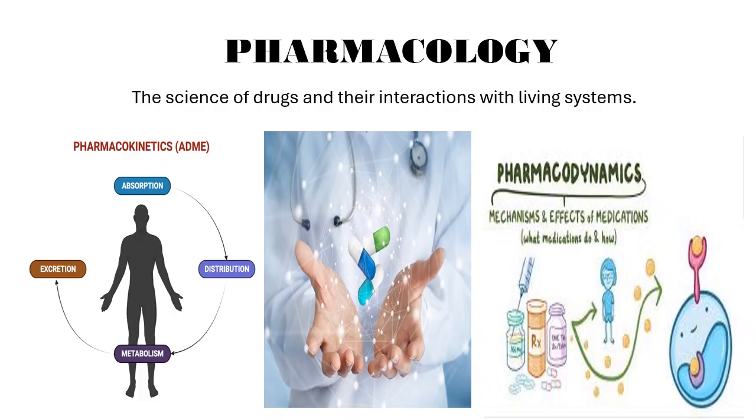Finally, after absorption, distribution and metabolism, the drug has to be excreted from the body. In that, age matters, many genetic variations are there, and the patient's health condition also matters, along with proper dosing. So this ADME will tell how much the dose should be for any patient. These are very important parameters.